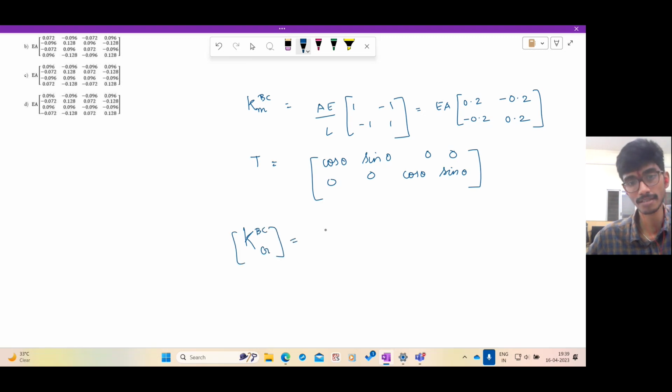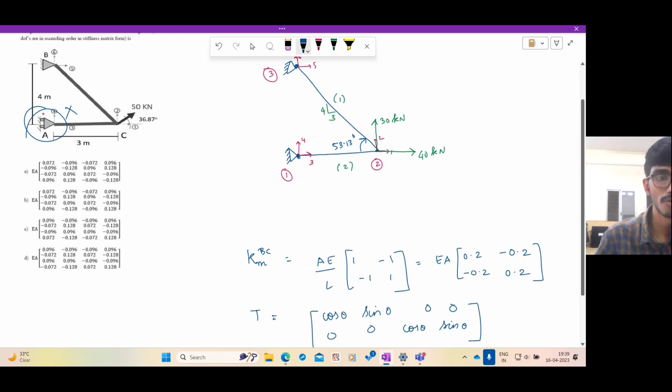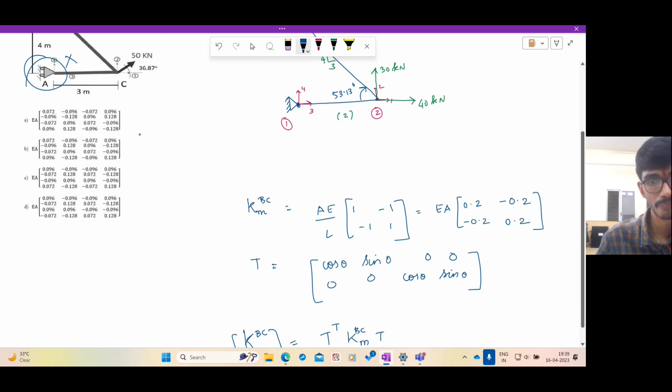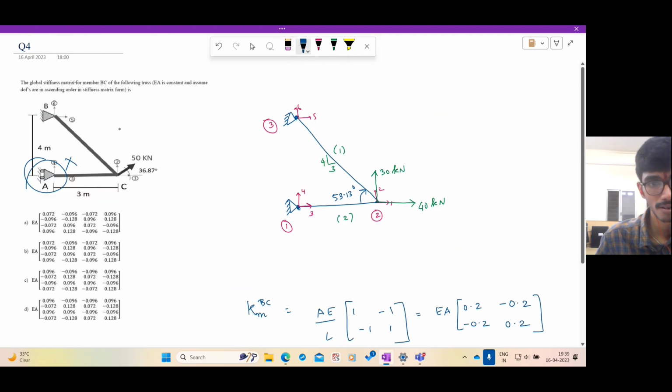KBC global is nothing but T transpose times K of member BC times T. Now, this angle, if we take for the member BC, let us orient the local.